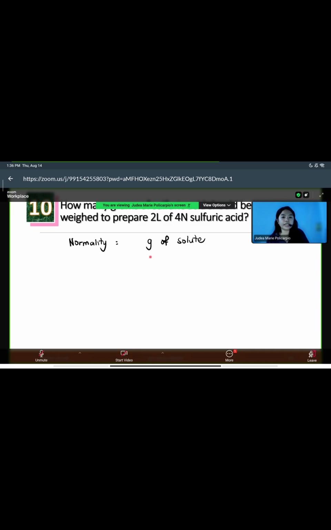I-divide down natin with the molecular weight ng ating solute. And syempre, bago natin yon i-multiply sa liter ng solution, since we are talking about normality, we will have to first divide it with the valence bago natin siya i-multiply with the liter of the solution.